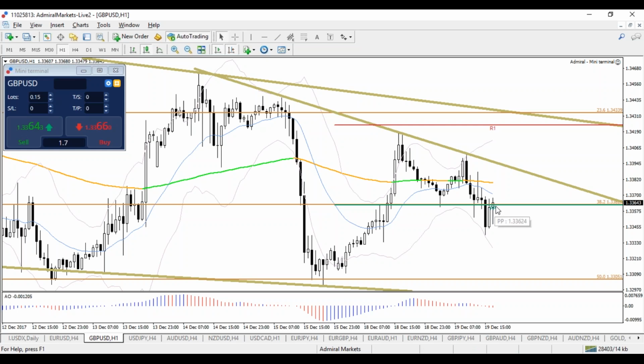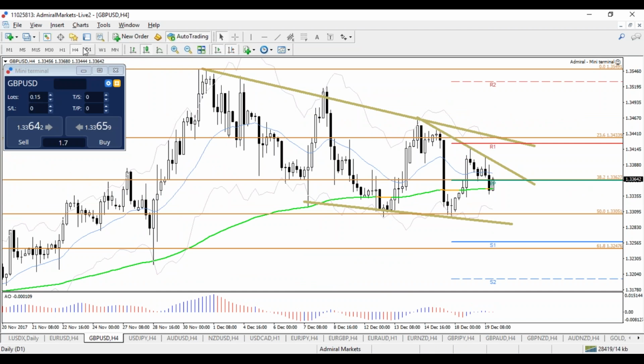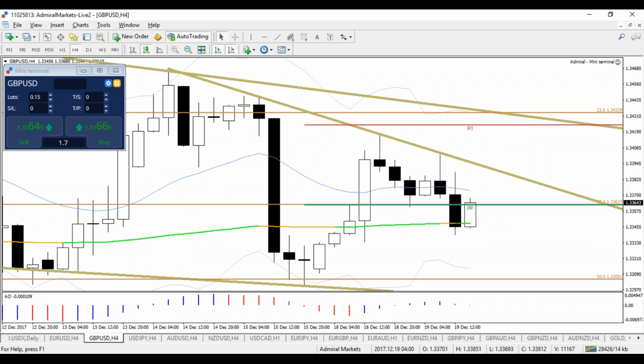The better, more conservative way might be, let's see, maybe at least to see two bullish candles in the 4-hour chart, right? That would increase the chances that this downside is over.